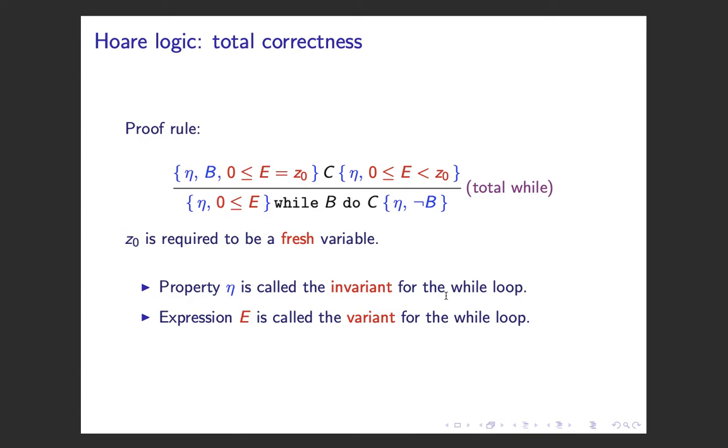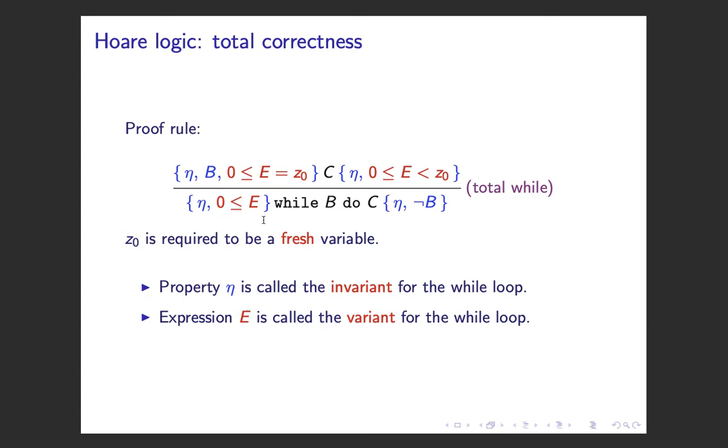But to show termination, we need something else, which is called a variant. Whereas the invariant is a property, a formula in predicate logic over our Boolean assertions, the variant is an expression in the programming language, or in the logic equivalently.